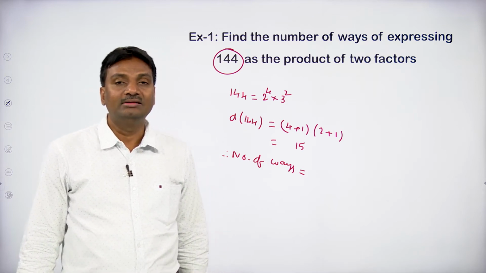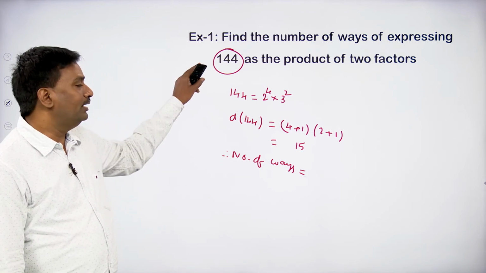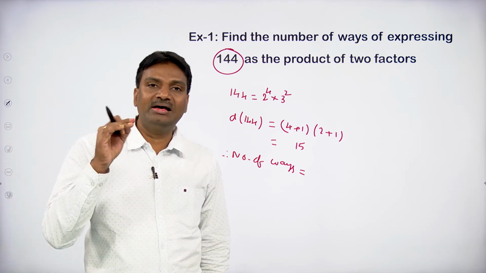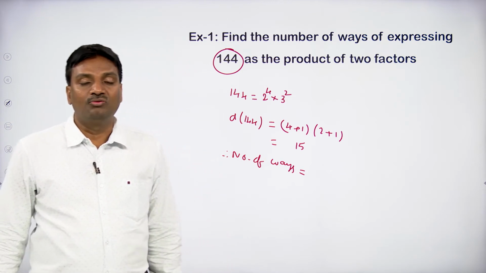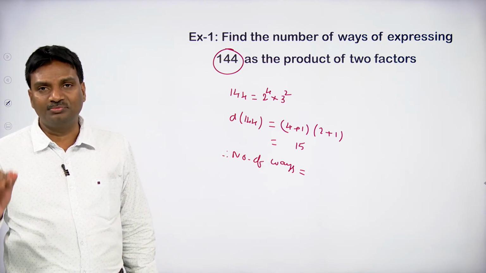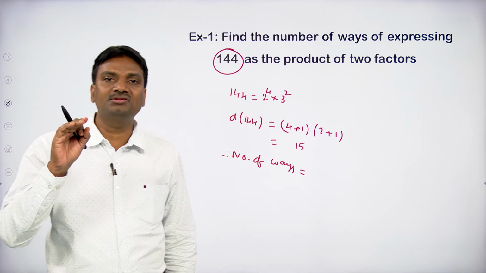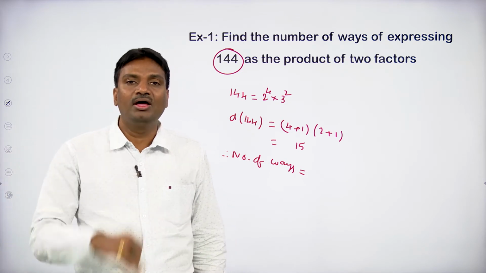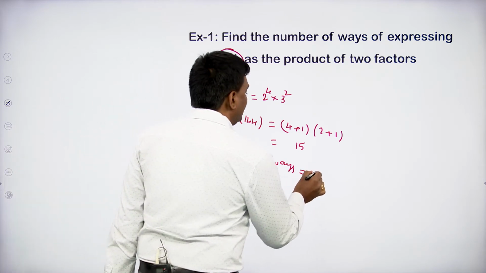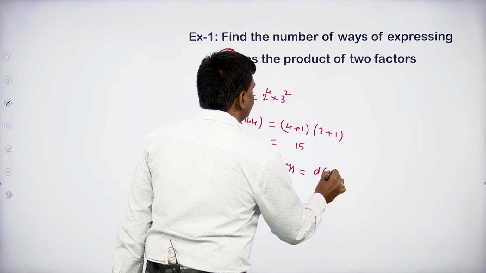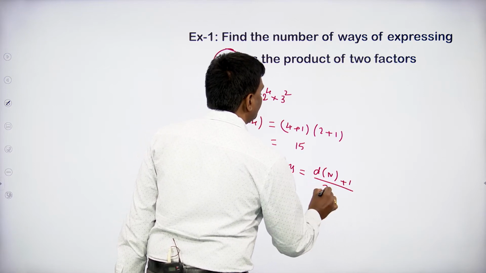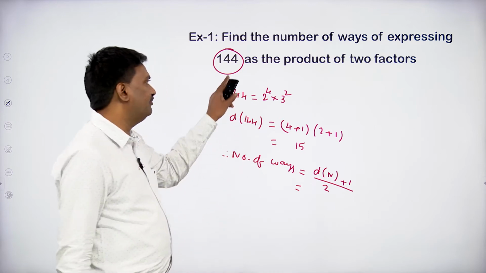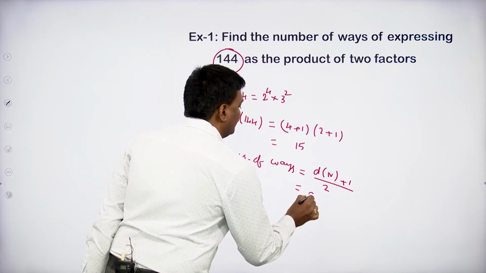So clearly this is a perfect square. When the given natural number is a perfect square, to find the number of ways of expressing the given number as the product of two factors, we have to use the formula d of n plus 1 by 2, where n means the given natural number, that is 144.